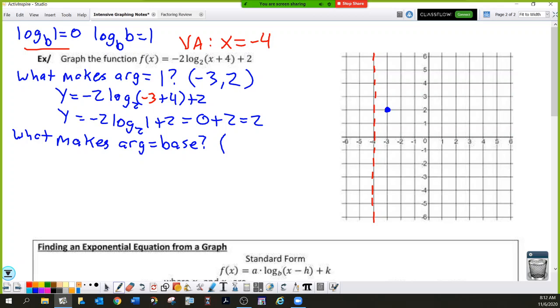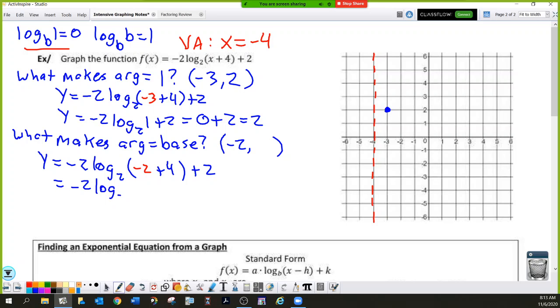Alrighty. We know that we're going to have to plug in x equals -2 to make our argument equal our base. So we go y equals -2 log base 2 of... Of course, here's me evaluating when I plug in the -2. I feel like this step was kind of redundant because we already know we have forced the argument to equal the base.